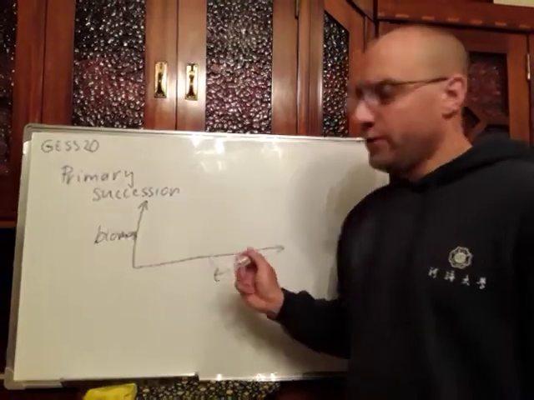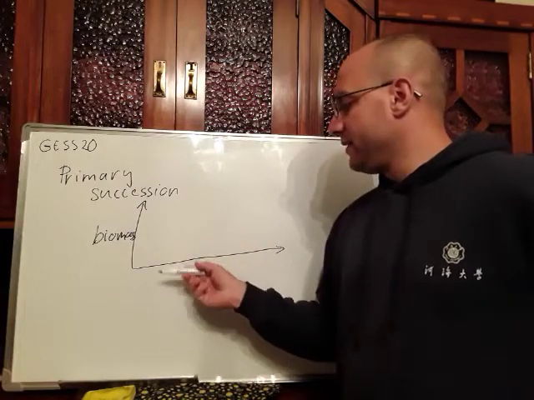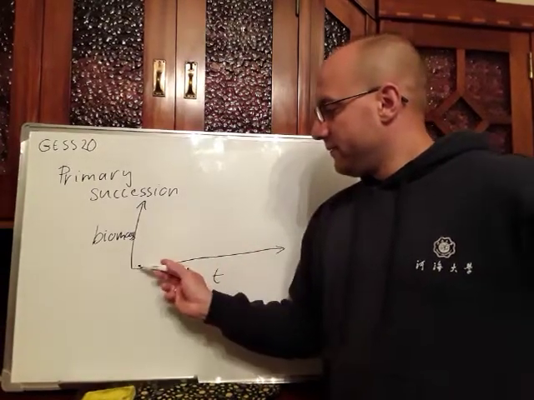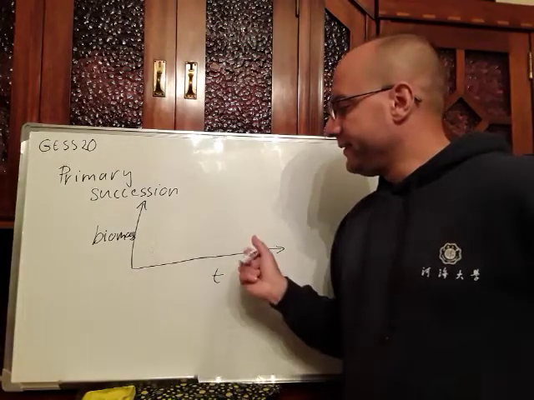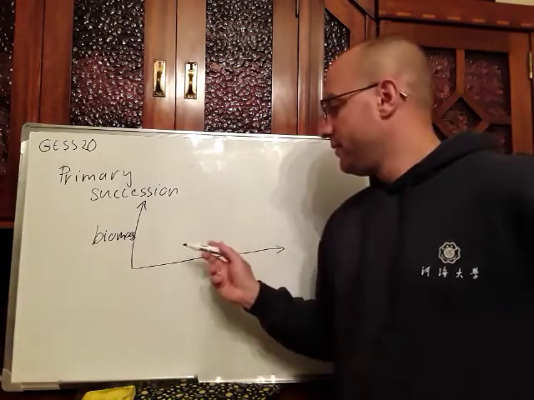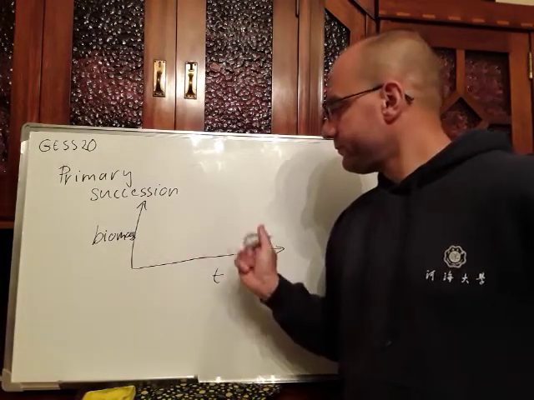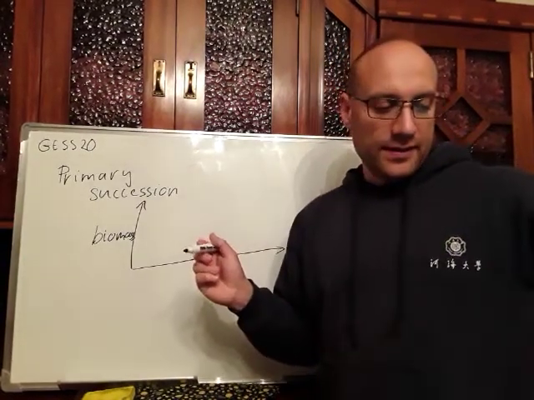And then we had these different species, different types of plants forms of life dominating the area for certain times or periods in time.